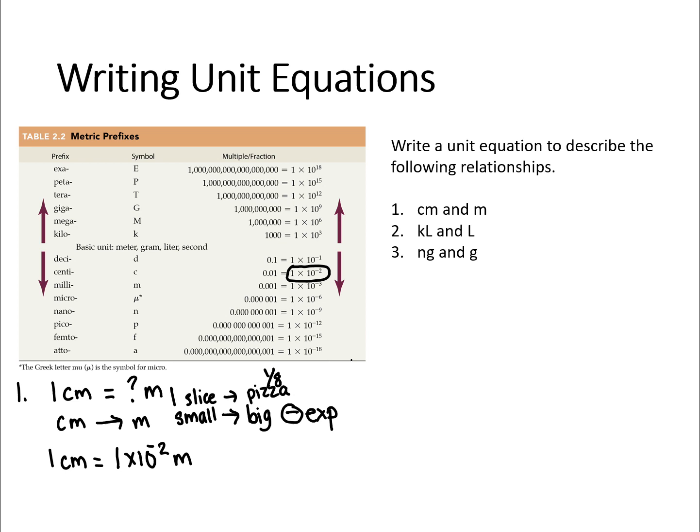Okay. So let's talk about it in a different way. Let's say that I have 1 whole meter, and I'm trying to figure out how many centimeters that is. We already said that a centimeter is smaller than a meter. So in this case, we're trying to take something that's big and convert it into units that are smaller.